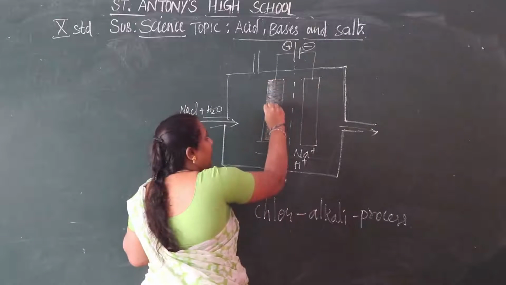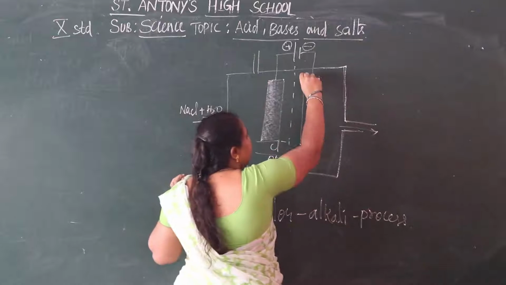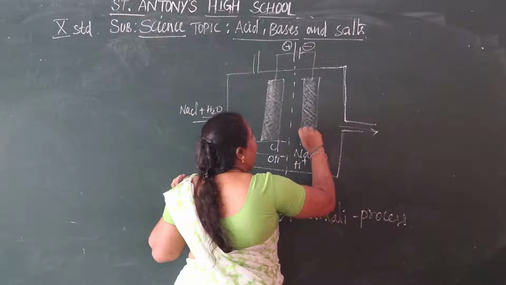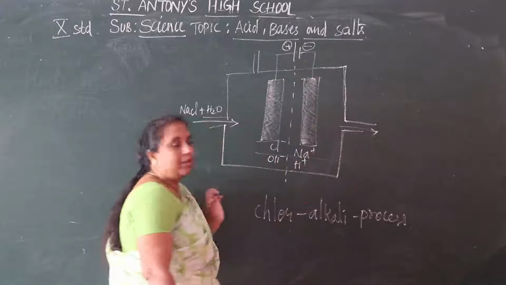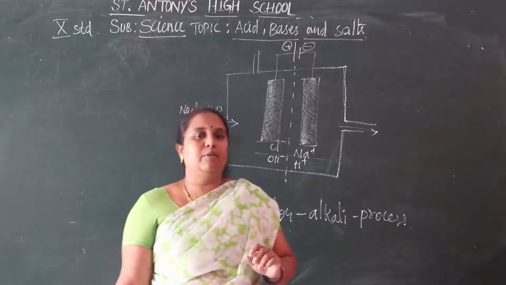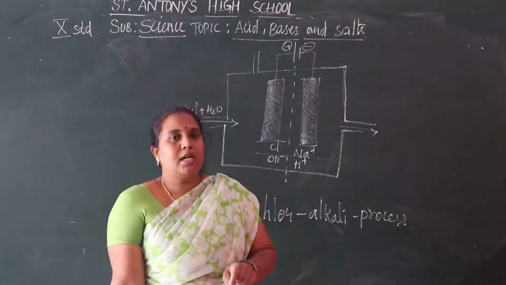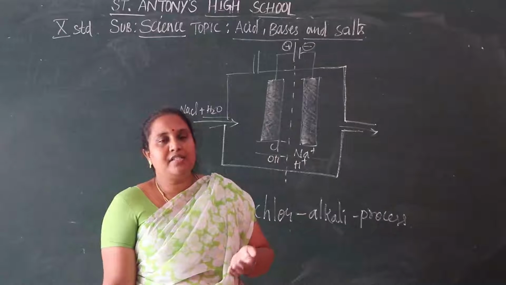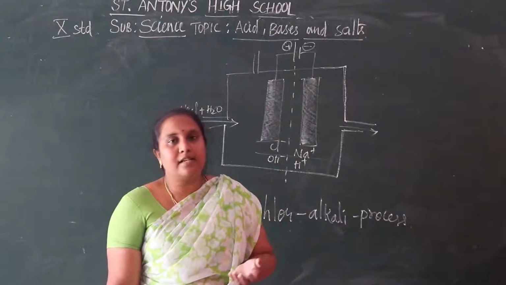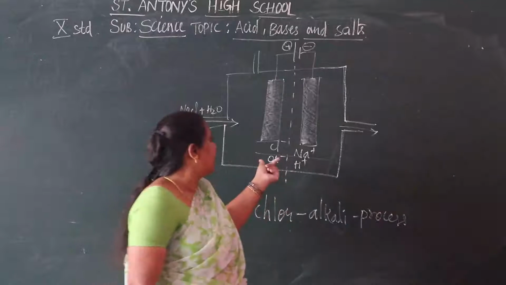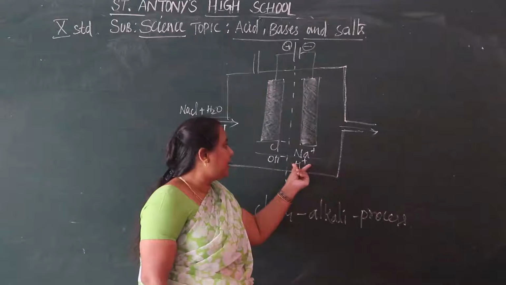You know, acids, bases and salts are good conductors of electricity because they ionize in water solution. While ionizing, they release ions, that is OH minus ions and H plus ions.